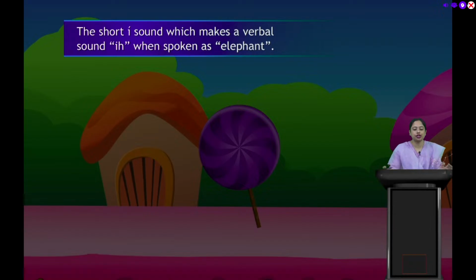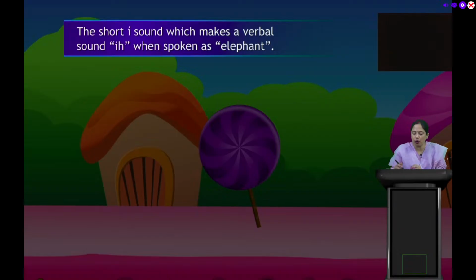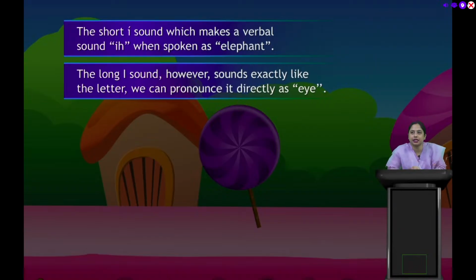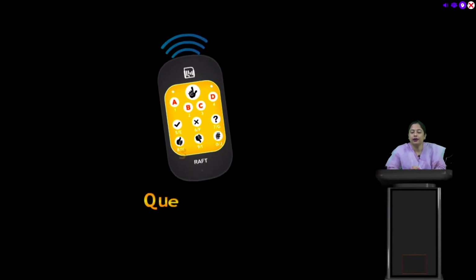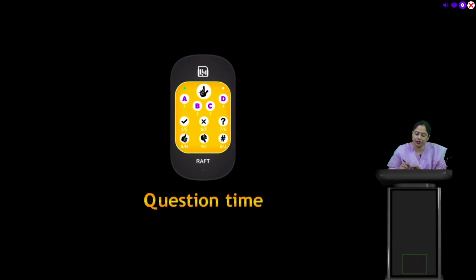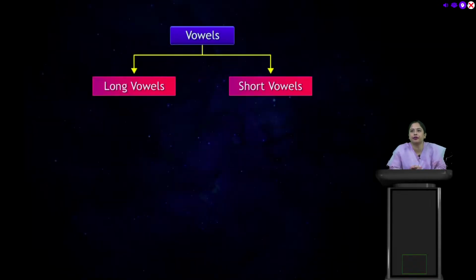The short I sound makes a vowel sound eh when spoken, as in elephant. The long I sound, however, sounds exactly like the letter. We can pronounce it directly as I. So, that's the beauty of sounds. That was all about the different sounds being produced by the letter I.